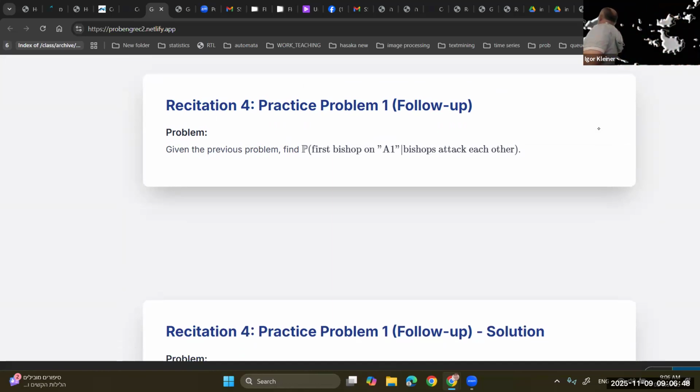Given that the bishops attack each other. First of all, it's a question about conditional probability, because we can read it here, given some information. How can we solve it? There are many ways to try to solve it.